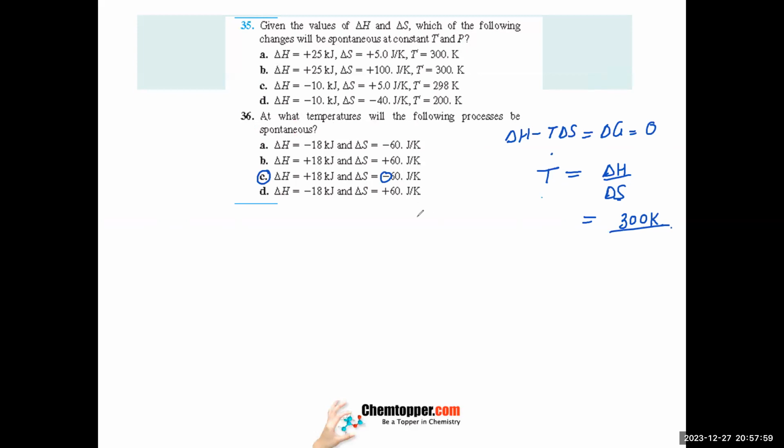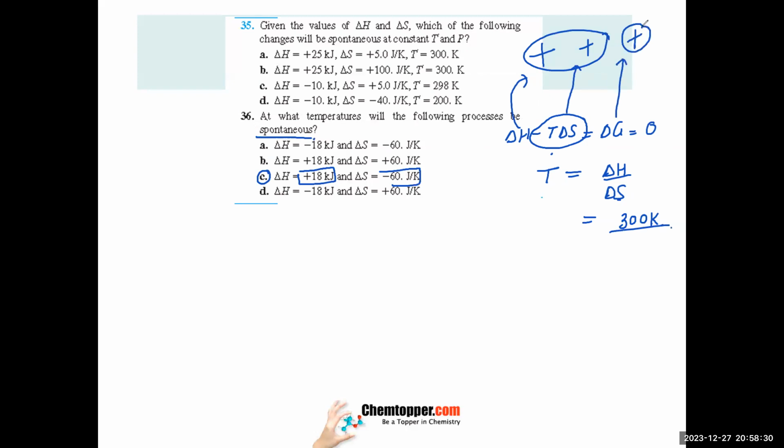Now, what do you want? You want the process to be spontaneous. So, do you think the process will be spontaneous for the endothermic? And this is negative. So, what's the sign of delta H? Positive. What's the sign of this complete factor? Positive. So, what will be delta G?